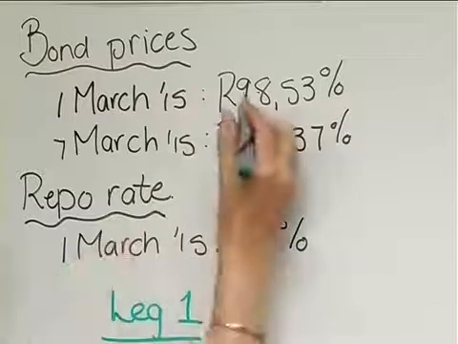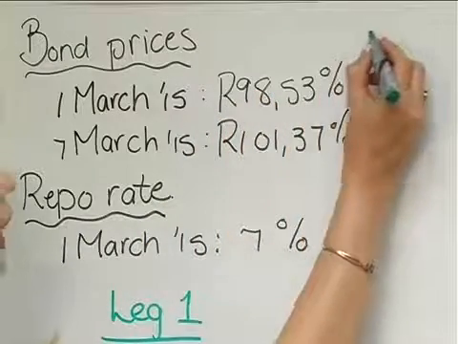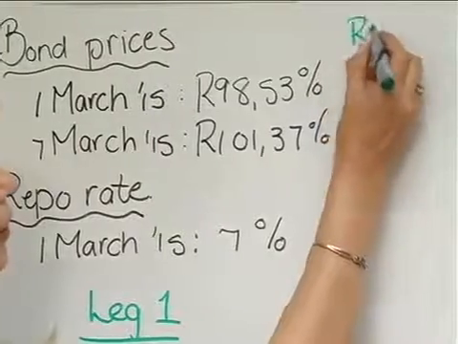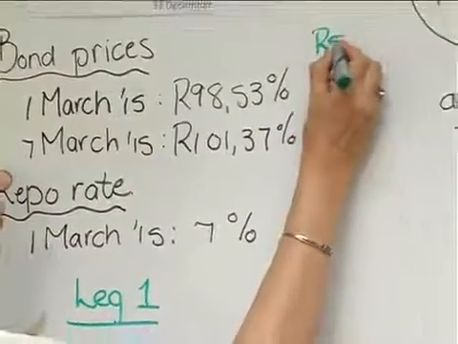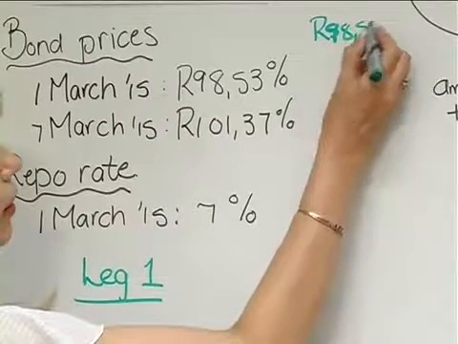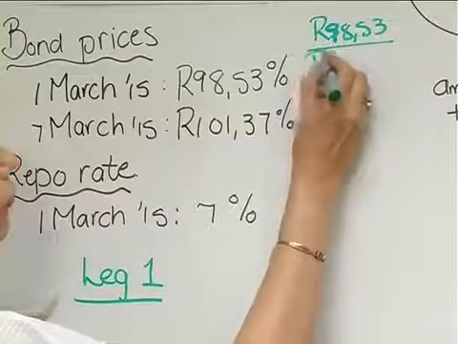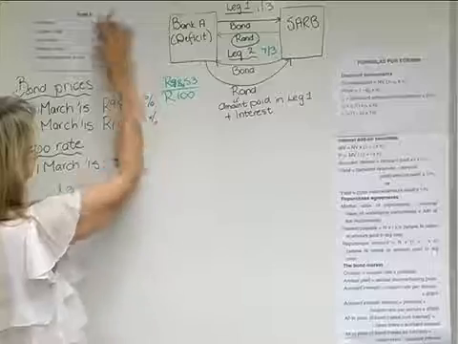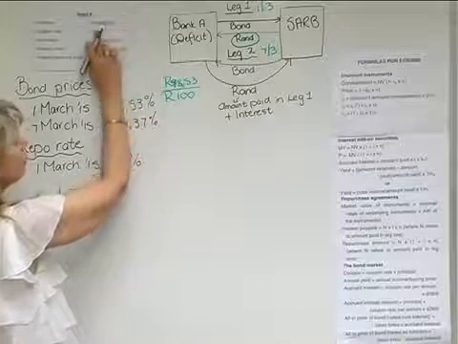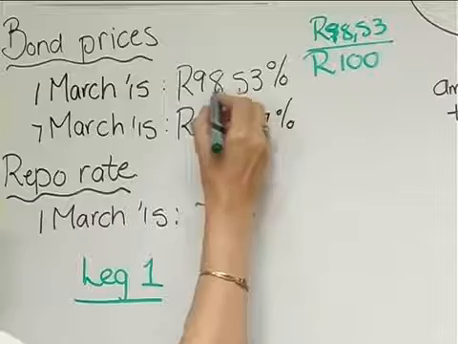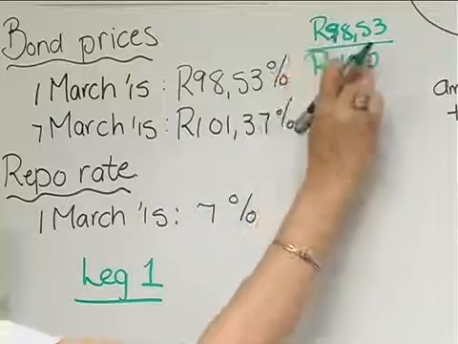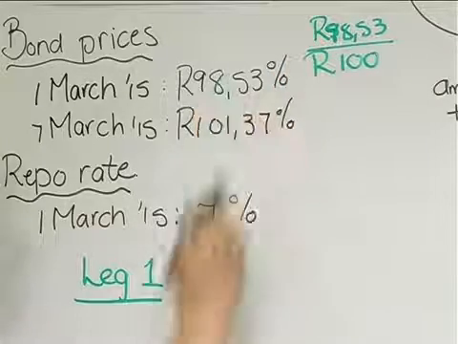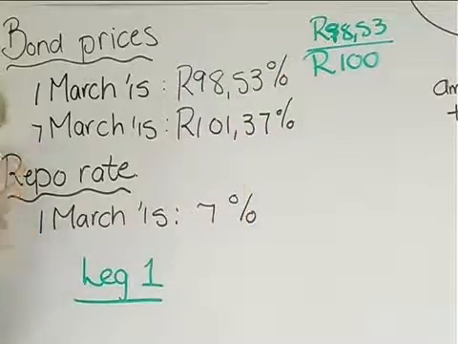What does this mean? It means for every 100 Rand of nominal value of this bond, you are going to pay 98.53 Rand. That's what Rand per cent means.